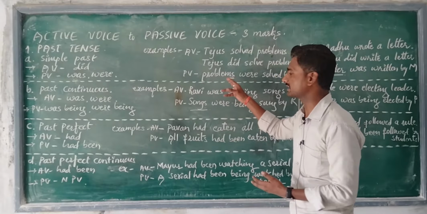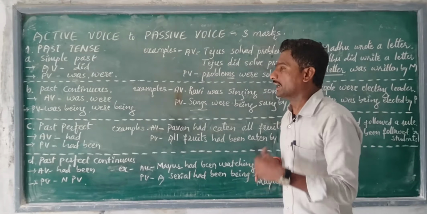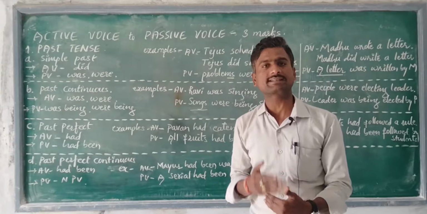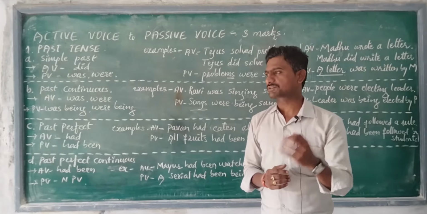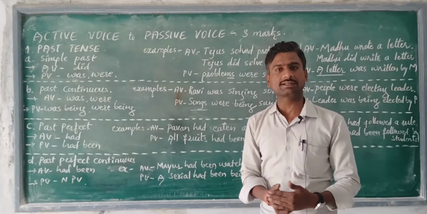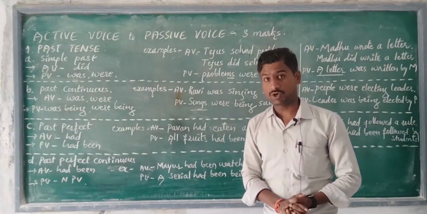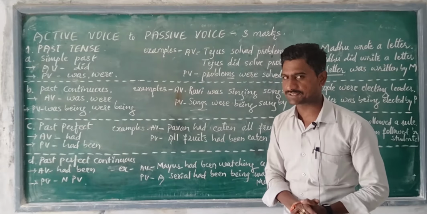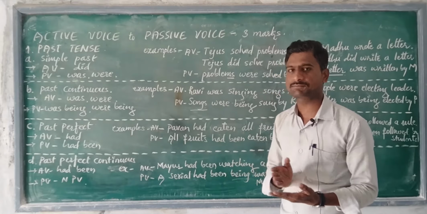In other words, if the whole sentence is directed by the subject, it is known as active voice, and if the whole sentence is directed by the object, it is known as passive voice. These are the definitions of active voice and passive voice.